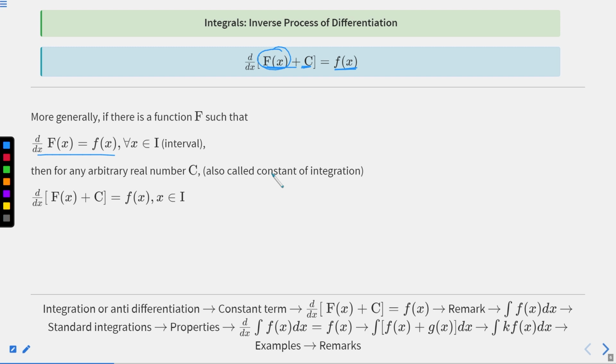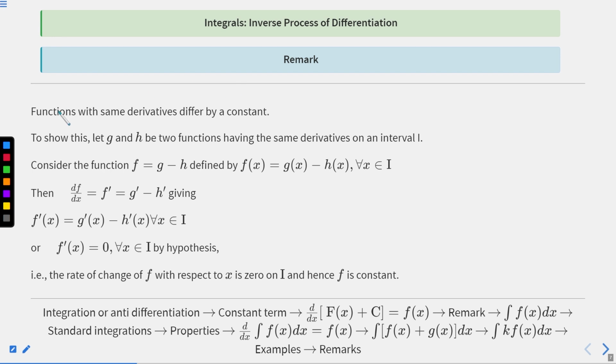Now the remark is that functions with the same derivative differ by a constant. To show that, let g, h be two functions having the same derivative on an interval I. Consider f equals g minus h, defined by f(x) equals g(x) minus h(x). For every x belonging to the interval, df by dx will be f prime, which means g dash minus h dash.